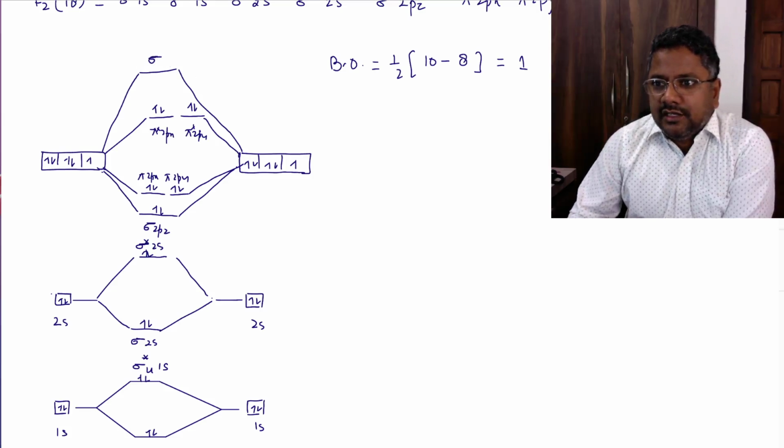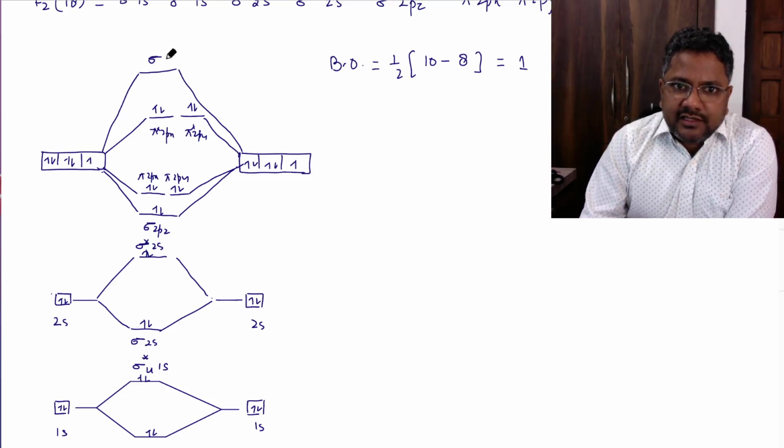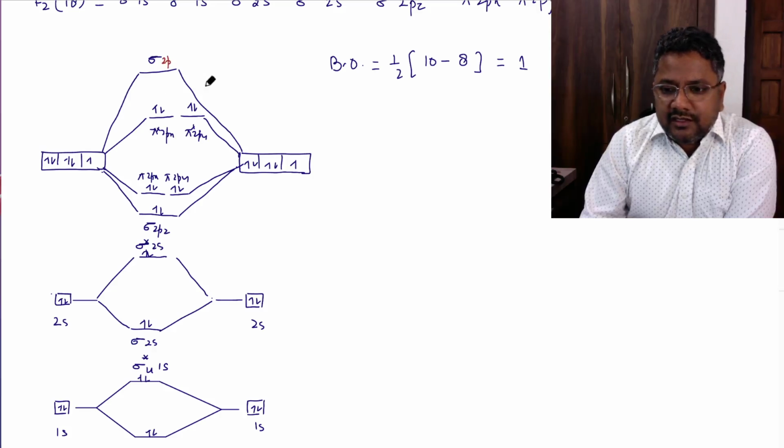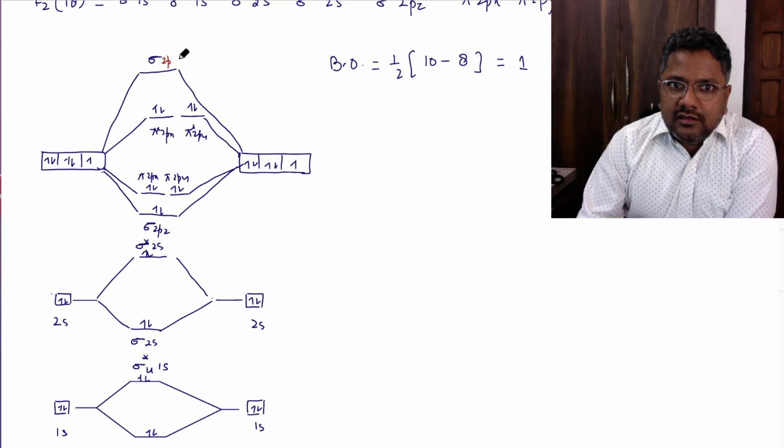So one nomenclature is used here. We see this sigma 2pz, which is unoccupied. So this is called highest unoccupied molecular orbital.